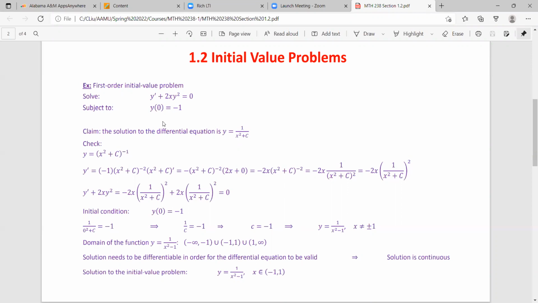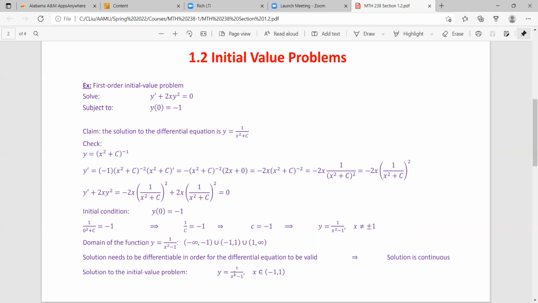So you cannot go over -1 and 1. They only include the part in the middle. So the domain of the solution will be from -1 to 1. If you draw the graph of this function, it only involves the part from -1 to 1. All right. Does that make sense?